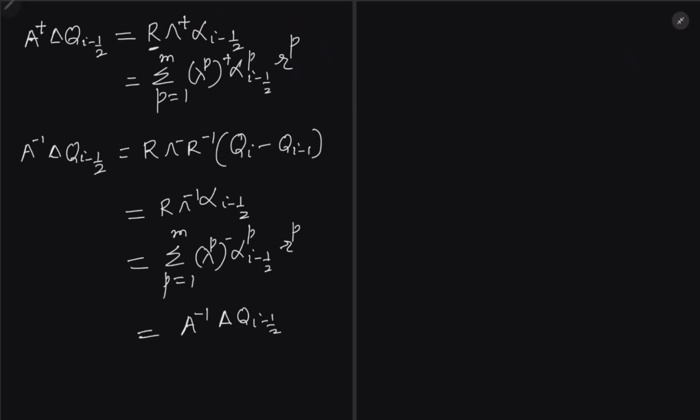Okay, now let me write the Riemann problem for Godunov's method at x equal to x i minus 1 half. Suppose we have the q i minus 1 half value, and that value can be obtained from q i minus 1 and q i. Let me talk about that with the help of the averages.